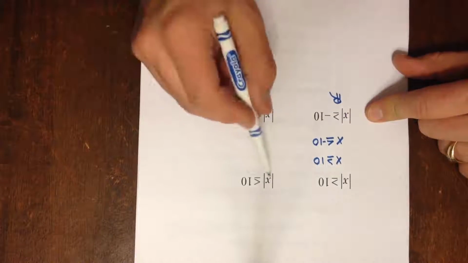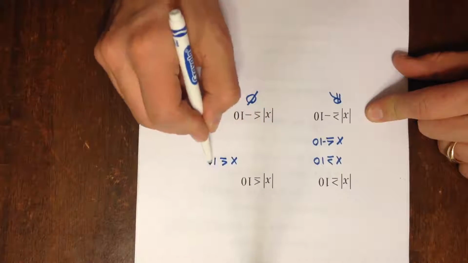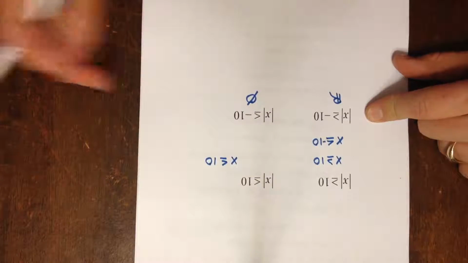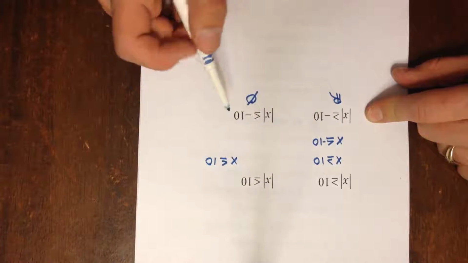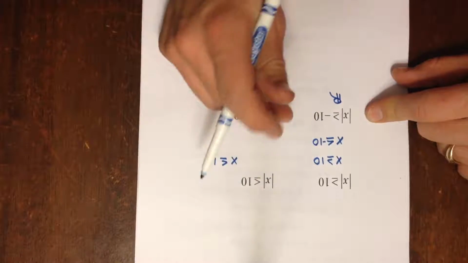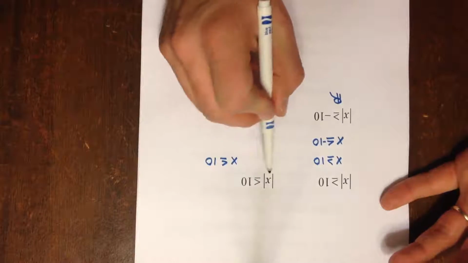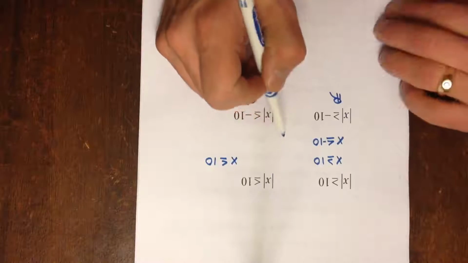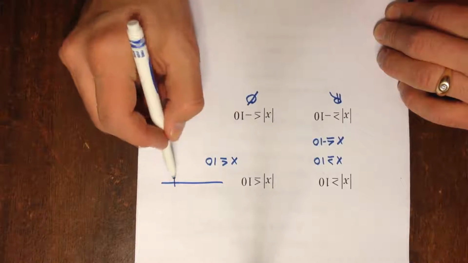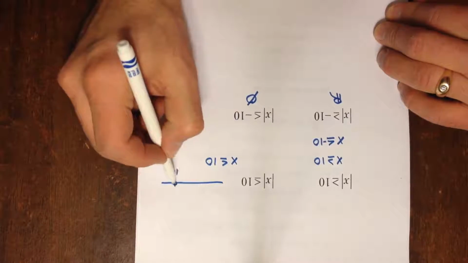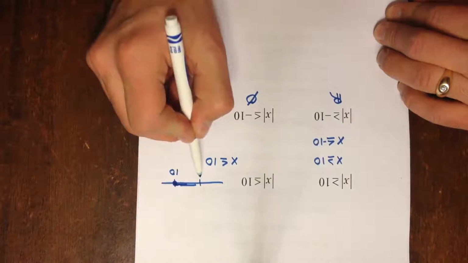Now this one here, numbers less than or equal to 10 would work. Obviously 9, 8, 7, 6, 5, all the way. You can even think about negative 1. Negative 1 is obviously not less than negative 10, but the absolute value of negative 1 is also less than 10. On a number line, I started at 10, and I included 10, so I use a solid dot, and I pass 0.